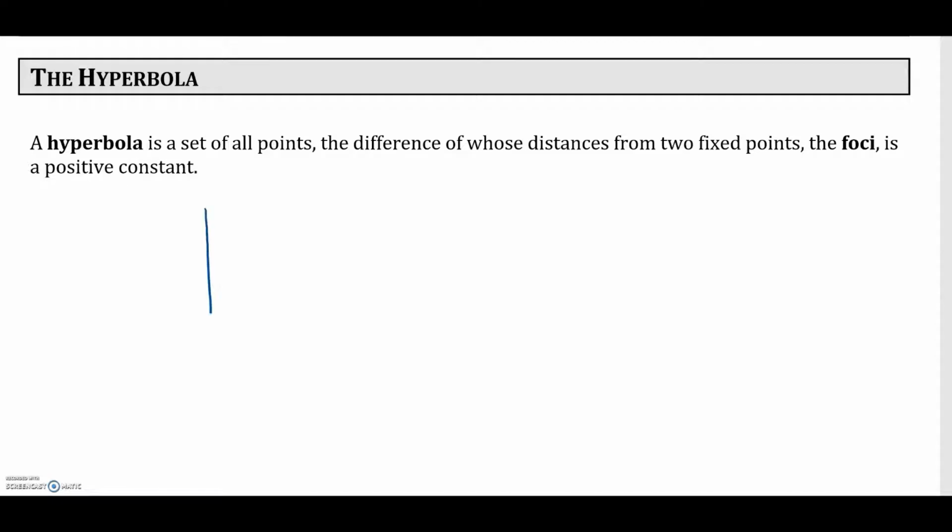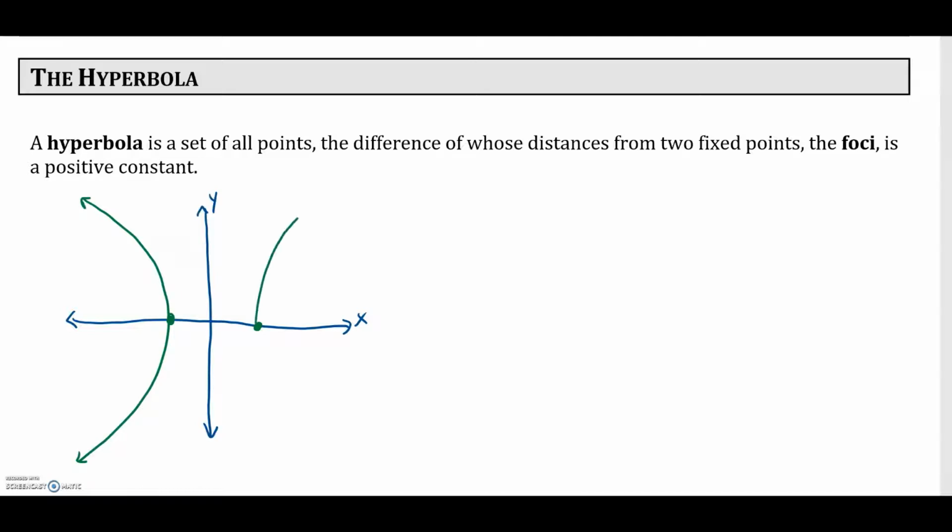So given our x and y axes, we have two vertices of the hyperbola. So this is an example of our hyperbola opening left or right.